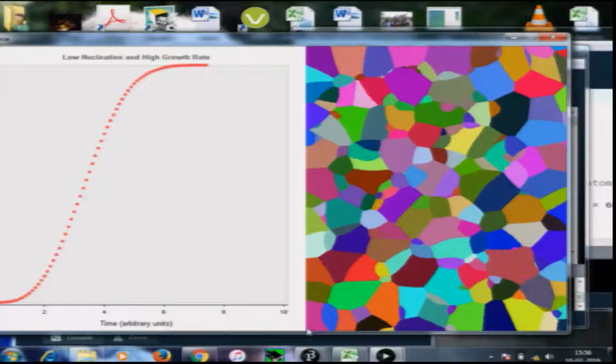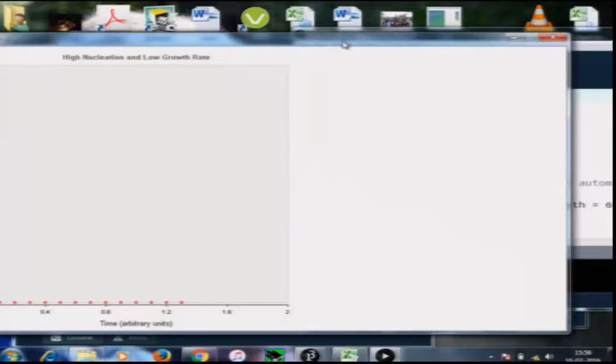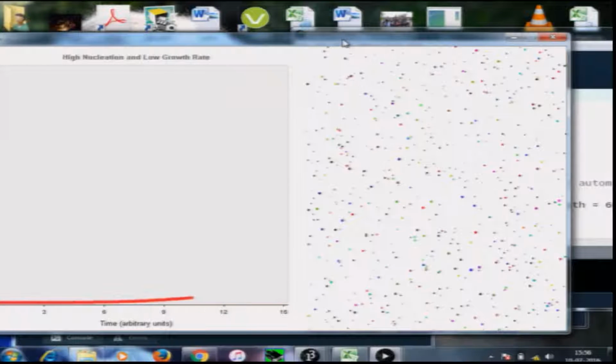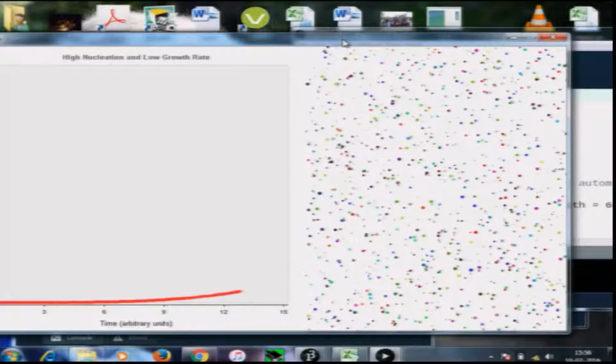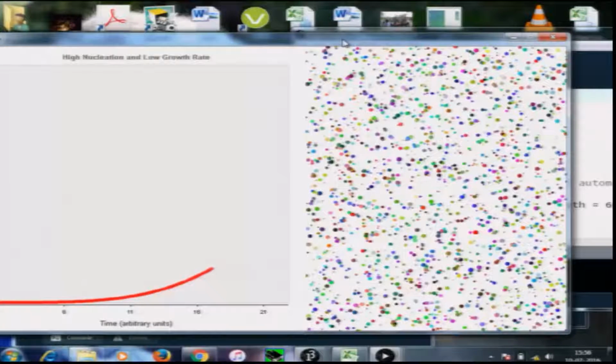Let me also now look at a third one in which the nucleation rate has been made very high while the growth rate has been reduced significantly. If we do this, you will find that the kinetics at this stage has become slower. The rate at which the overall transformation is taking place is now much smaller.